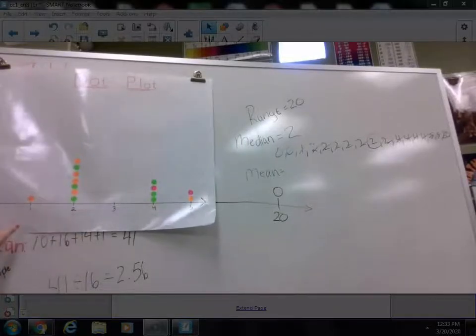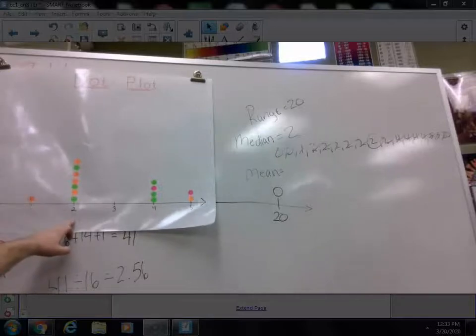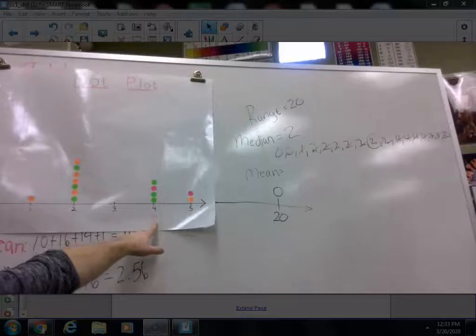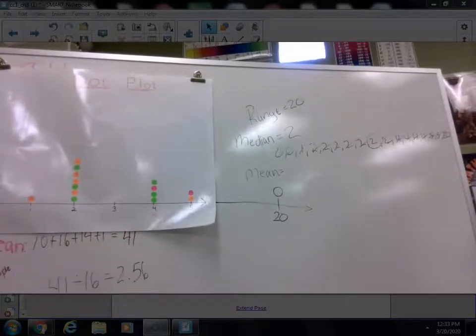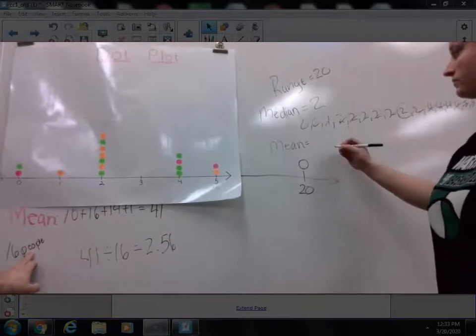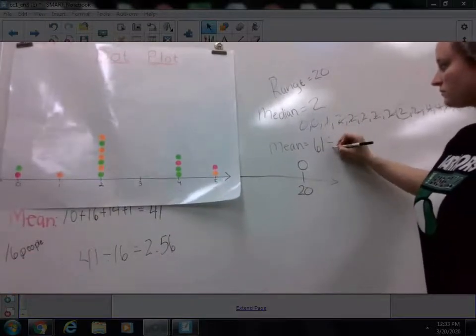So we had 0, plus we had 1, plus 14, plus 16, plus 10, plus 10, and now plus 20. And earlier we had 16 people that we were dividing it among. Now we're dividing it among 17 people, or in this case 17 families.